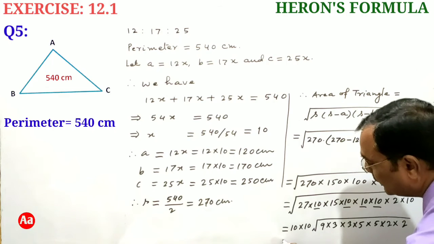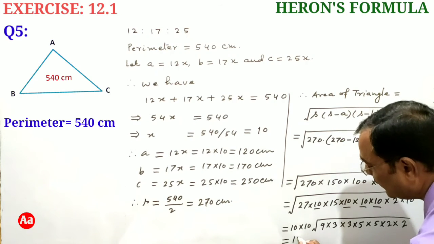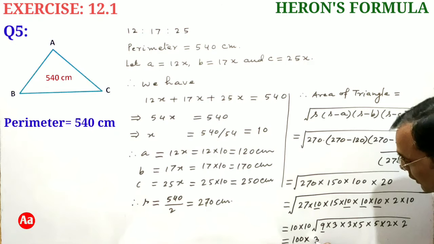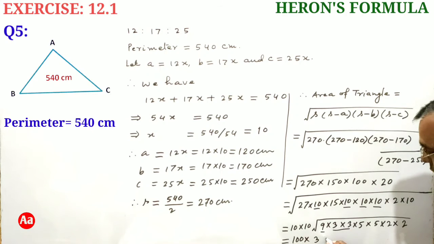Now see, this is equal to 10 into 10, 100 into square root of this 9 is 3. 3 occurring two times, so again its square root 3. 5 into 5, square root is 5. 2 into 2, square root is 2. So 100 into 3 into 3 into 5 into 2, which is equal to 9,000 centimeter square, and this is the answer.